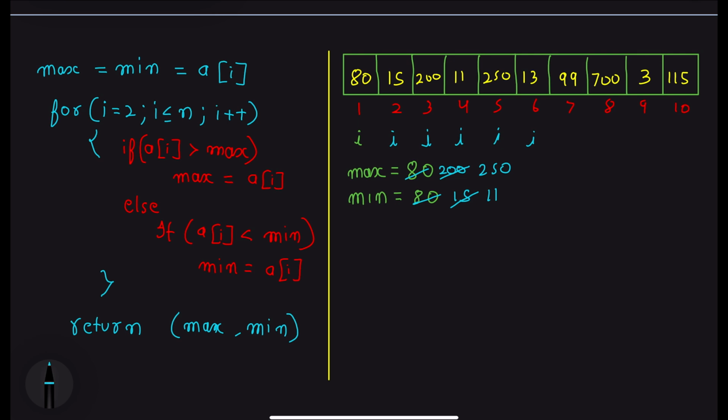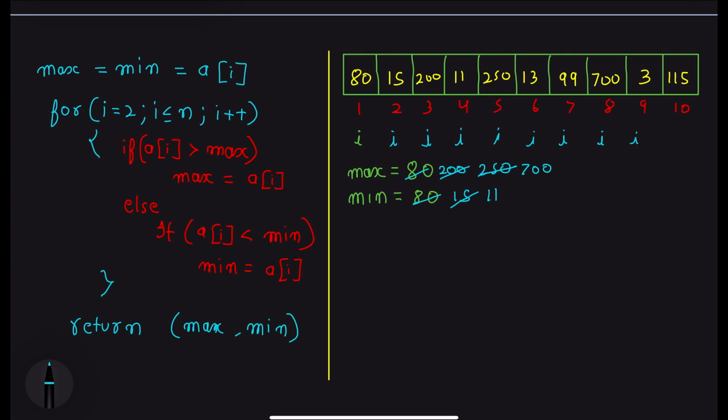Then the value of i will be incremented to 7. Here also 99 is smaller than the maximum element and 99 is greater than the minimum element, so this will not change. Now the value of i will become 8. So here 700 is greater than 250, so the new max will become 700. The value of i will become 9.